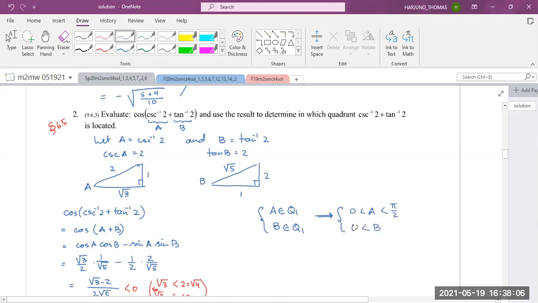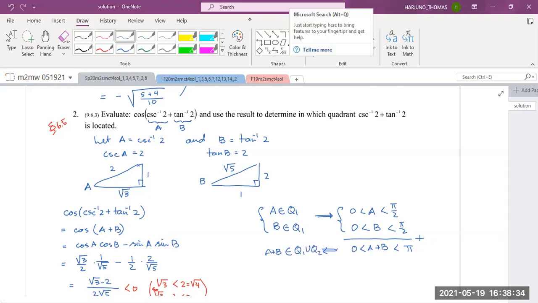B is between 0 and pi over 2. When I add, then A plus B will be between 0 and pi, which means A plus B is in either quadrant 1 or quadrant 2. Okay, but that's not enough for us to make a decision though.